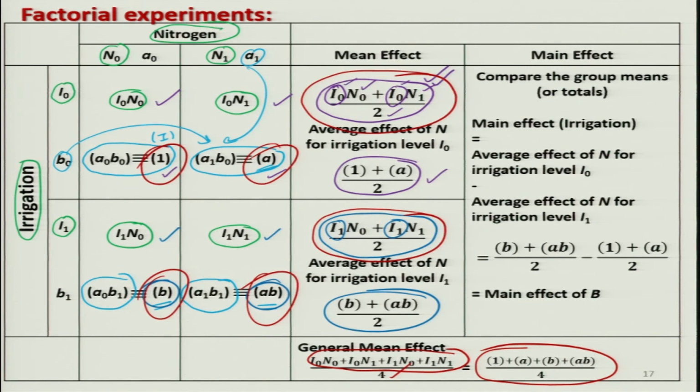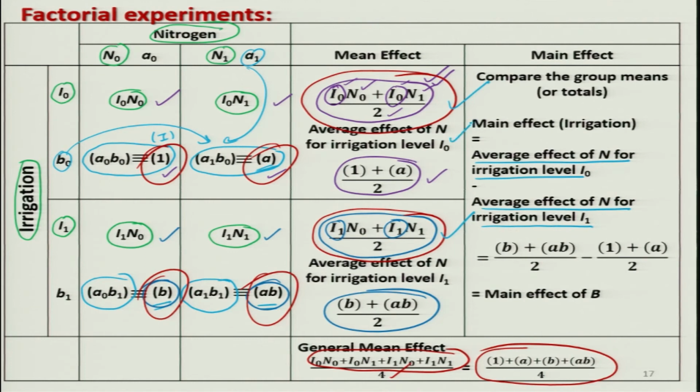So, now we come to the last column and see how we are going to proceed. Now, I try to compare the two group means, like this and this. What I try to do here is find the average effect of N for the given irrigation level I0 minus the average effect of N for irrigation level I1.